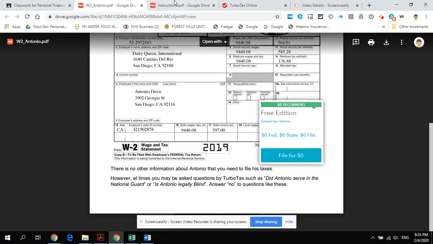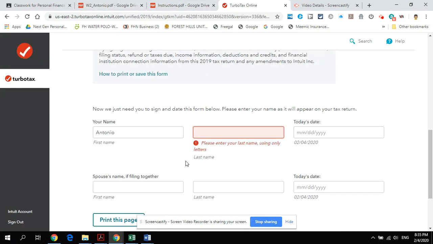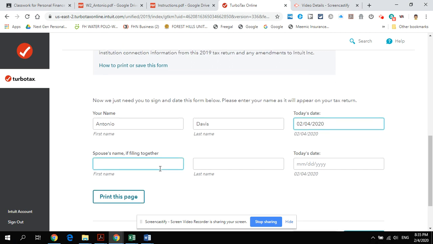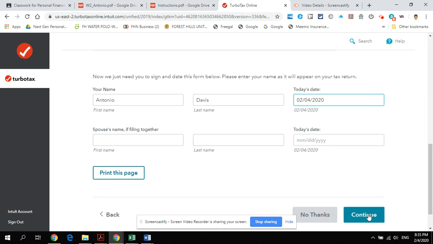His last name is Davis, and there's his address right there. Antonio Davis. And then today, you'll put today's date, and it prompts you what the day is, for 2020. He's not married, so we're not going to put anything there, and we're going to hit continue.